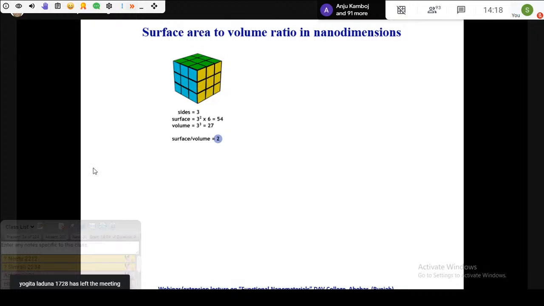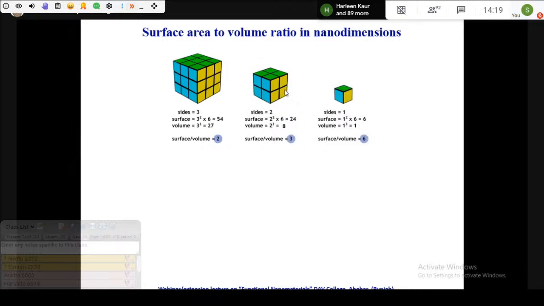So for example, suppose we have this cube. If you find the surface area and volume of this, considering the sides like 3, just take 3, then find the surface area and volume, and then you see the ratio.